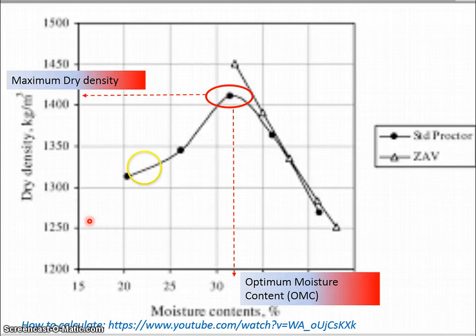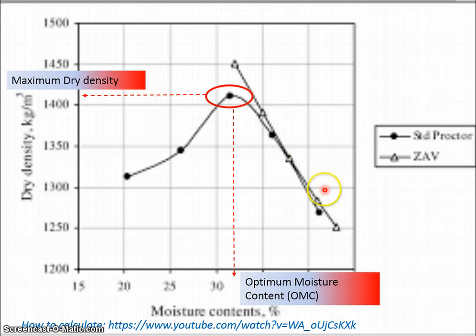So if you could see here, this is the graph of compaction for 5 tests. Sample 1, 2, 3, 4, and the 5th one. And you can note also this is the zero air void curve.